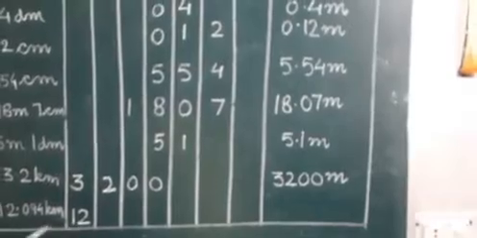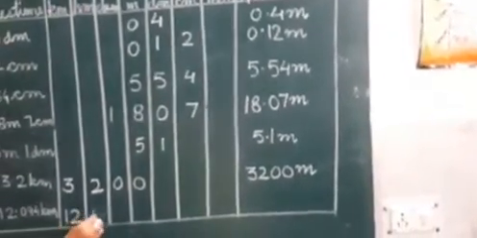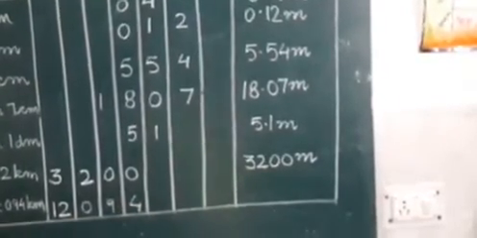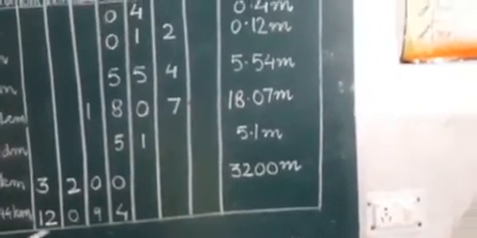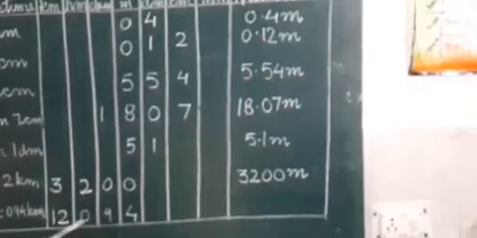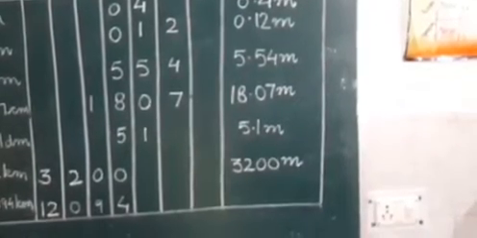So 12 will come here and the rest of the numbers we will place accordingly. So 12, then 0, then 9 and then 4. Okay, and now we have to convert it into meters. This is the meters column. All these columns have been filled. So my answer will be 12094, or we can say 12,094 meters.